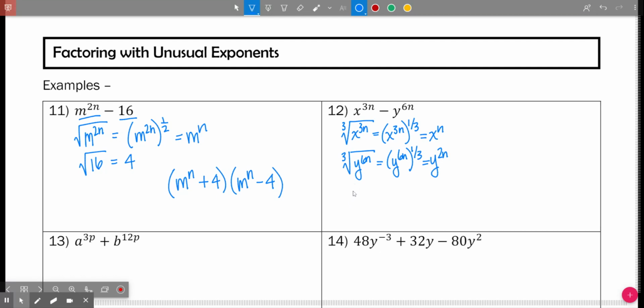So this factors into x to the nth power minus y to the 2n power, times x to the nth power squared.